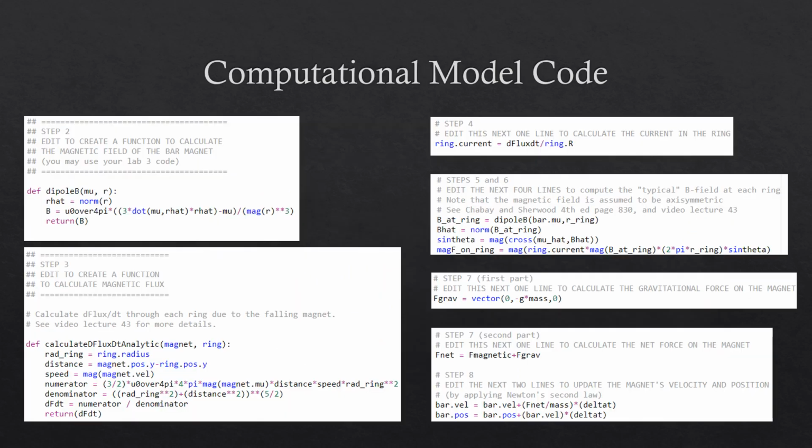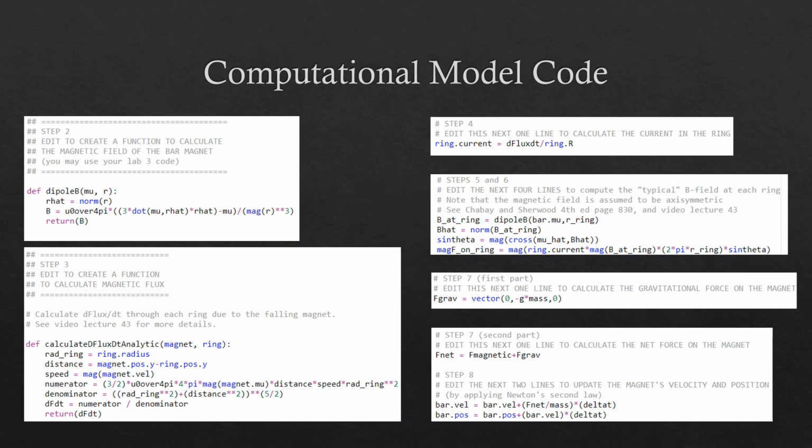To develop my model, I first used the data shown on the previous slide to set up a model for the roll of foil as well as my bar magnet. I then used my Lab 3 code to create a function to calculate the magnetic field of the bar magnet. I then developed code to calculate the rate of change of the flux through each ring due to the falling magnet. I then divided the rate of change of flux by the resistance of the ring to calculate the current in the ring.